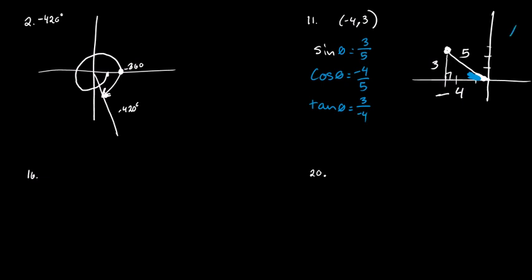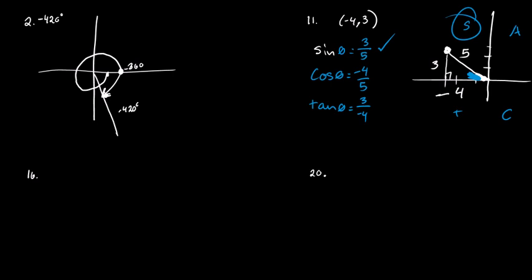And if you guys remember, all students take calculus. This tells you which values are positive, so the sine should have been positive, and it was. All of the other ones were negative, so that worked out for me. And that's going to carry into our next problem.